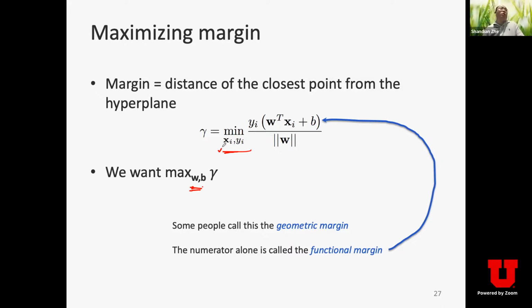That actually increases the complexity of this optimization. Imagine if you want to compute the gradient of the margin with respect to this continuous W and B, how do we compute it? It's not simply computing the distance with respect to W and B. You're computing the gradient of the minimum distance with respect to W and B. This is really analytically intractable.